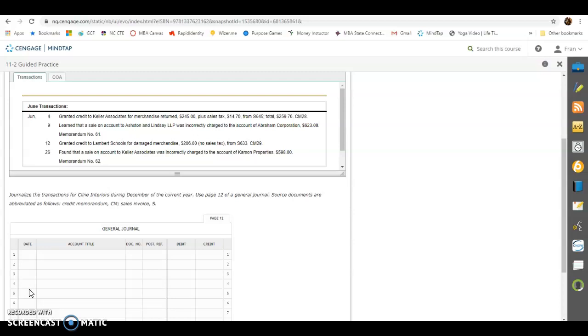So the three accounts that are going to come into play here, and this was on account, are, on June the 4th, sales, returns, and allowances.